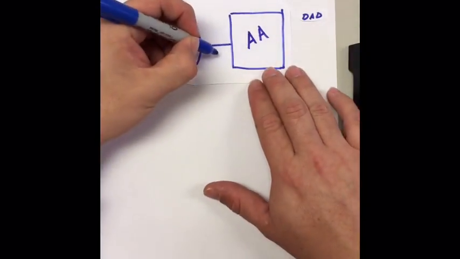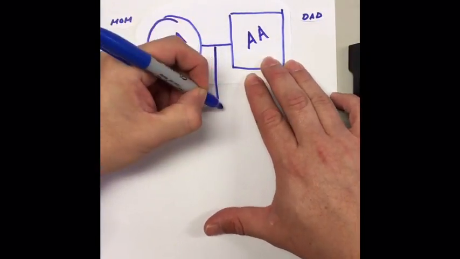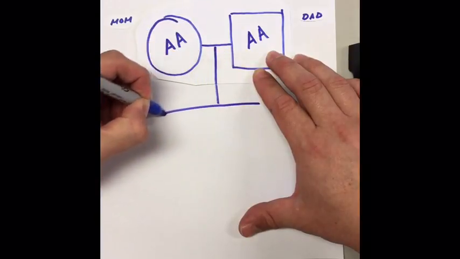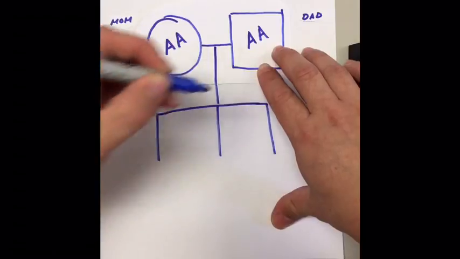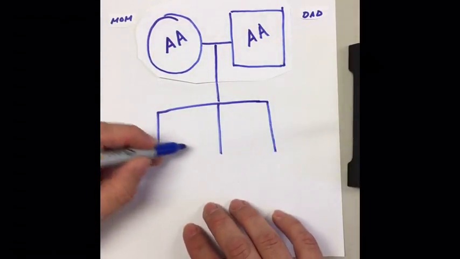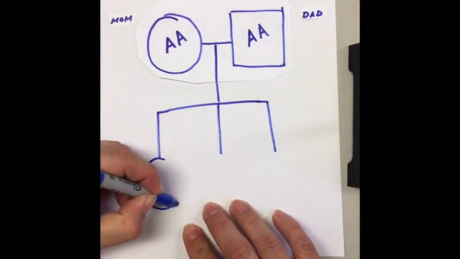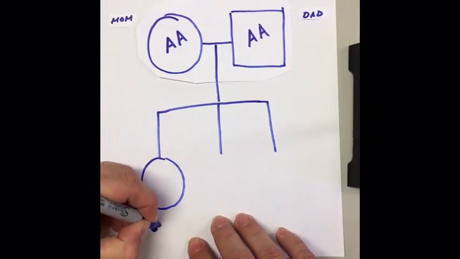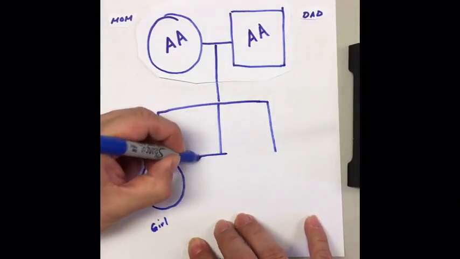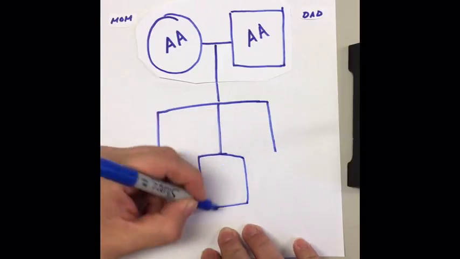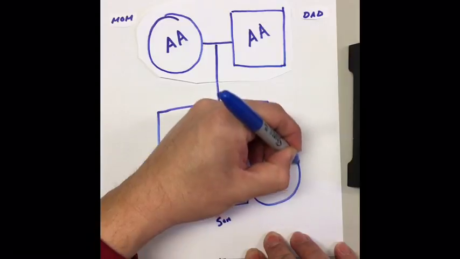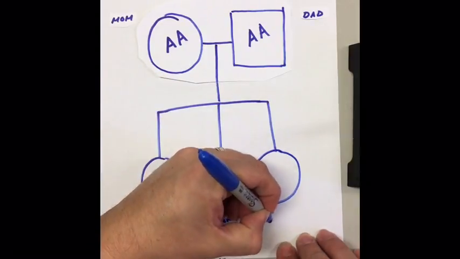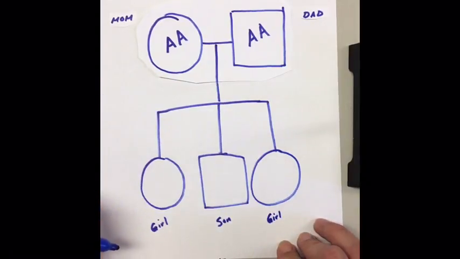Now, when they had kids, let's say they had 3 kids. It doesn't matter if they're boys or girls, but we're going to put 1 daughter, so this will be a girl. This one right here is going to be a son, and let's say they had another girl. Now, what will be their genotypes?